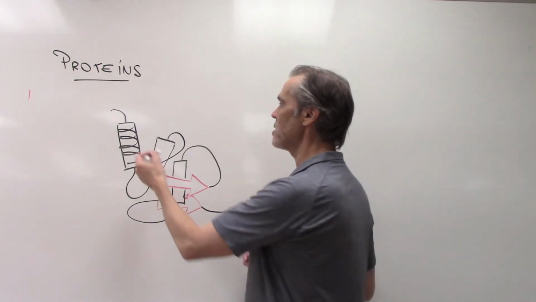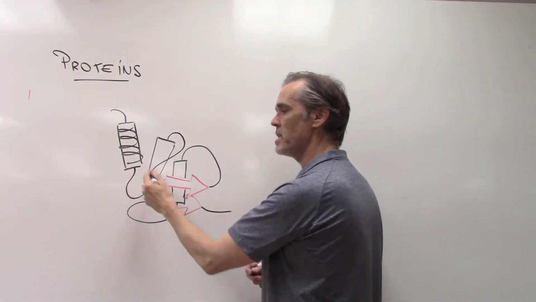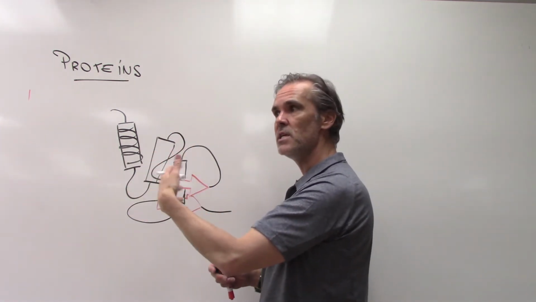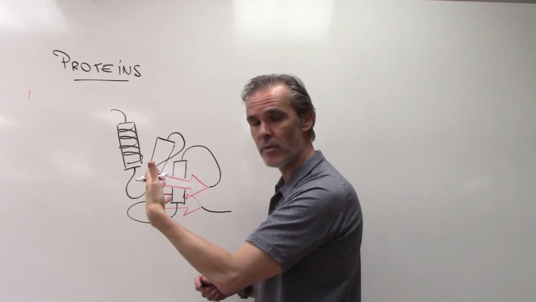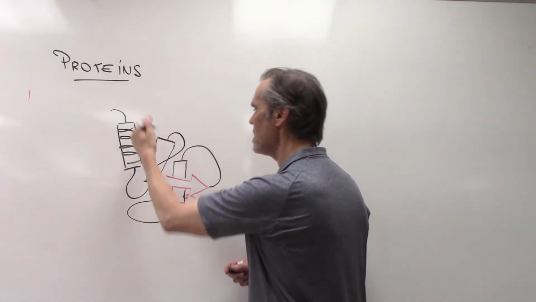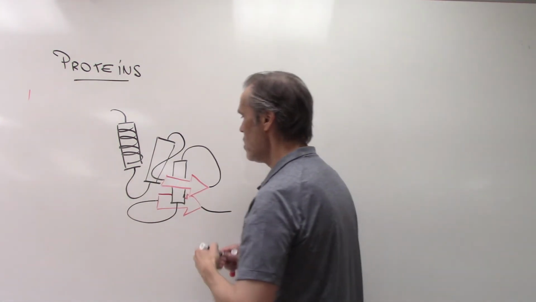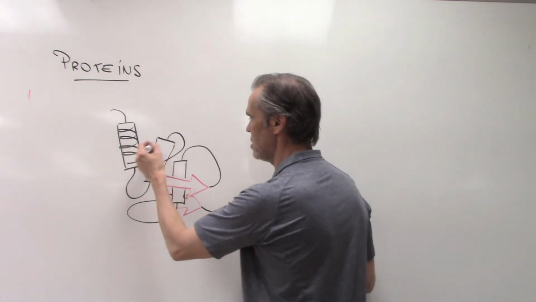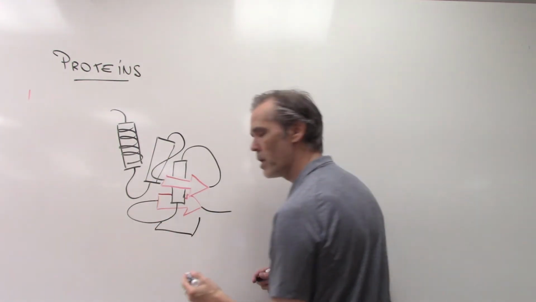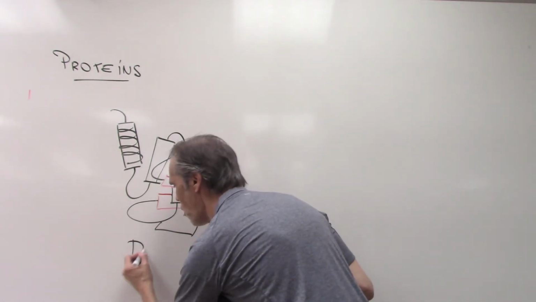So what we see here is a 3-dimensional structure of a protein, a polypeptide, right? Many peptide bonds. So a polypeptide that's folded in a way like this. These parts here that interact with one another, that has a name. And these are called domains.